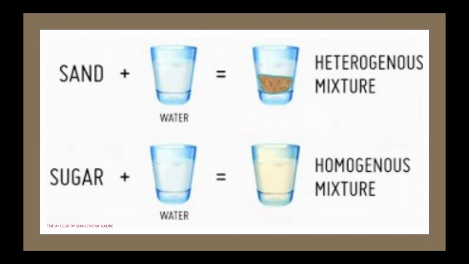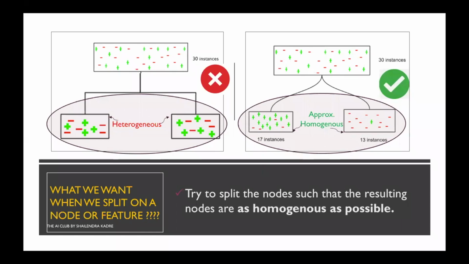Okay, so some repetition of this concept, but otherwise I think you would have known from this picture itself what exactly we mean by heterogeneous and homogeneous, and why we prefer homogeneous split for a decision tree.